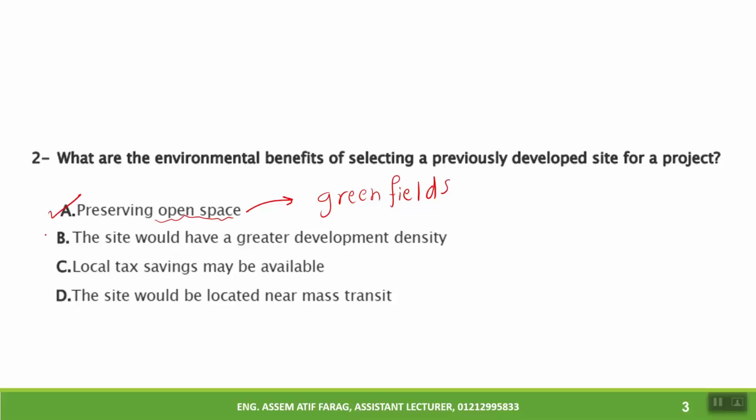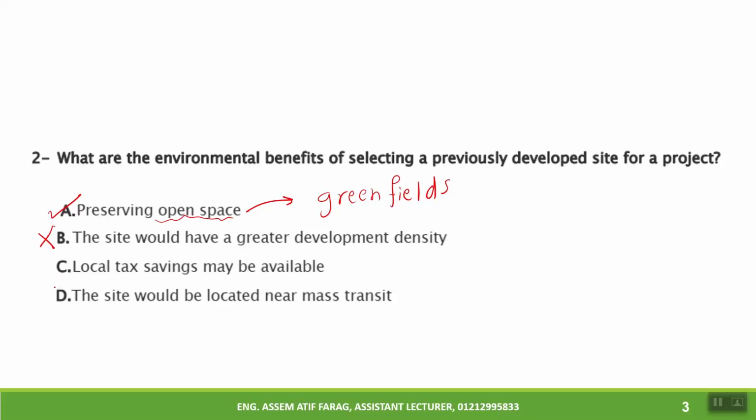Then we will see why the rest are wrong answers. For answer B, the site would have a greater development density. In fact, the development density of the project depends on the building design, not on the type of land chosen. So this answer is wrong. For C, local tax savings may be available.